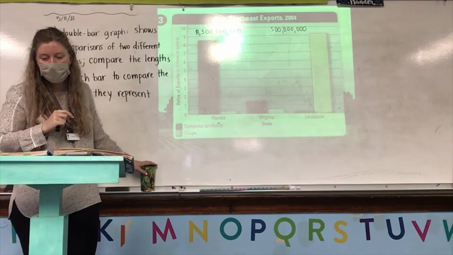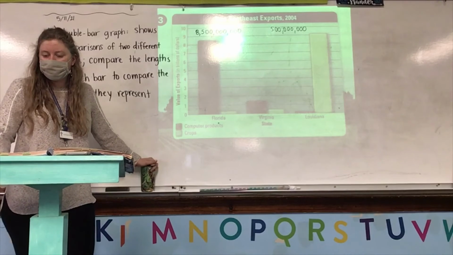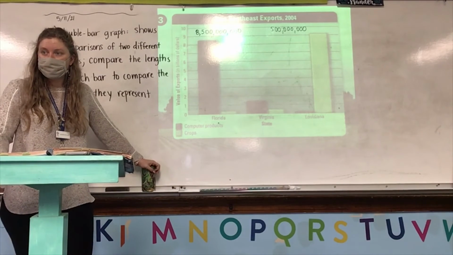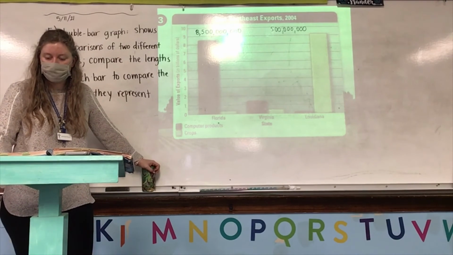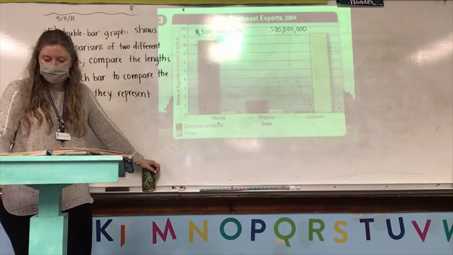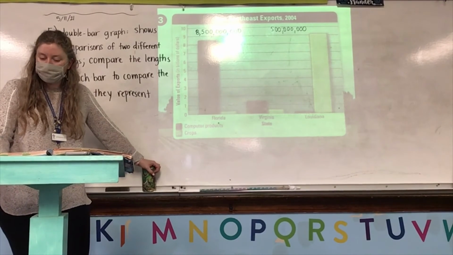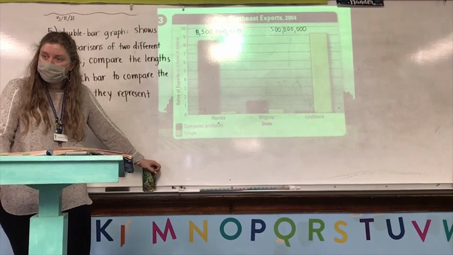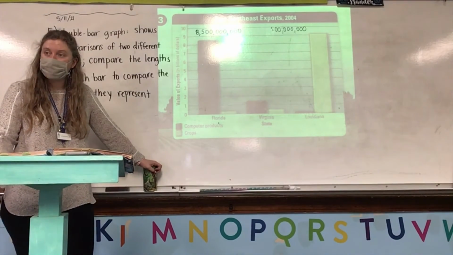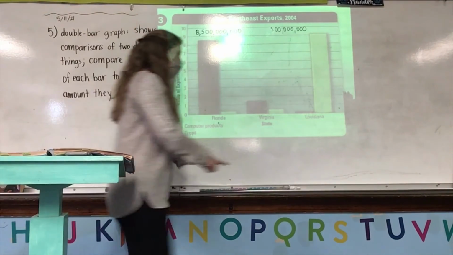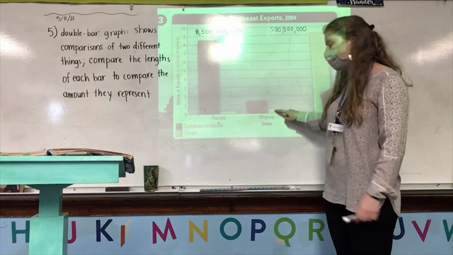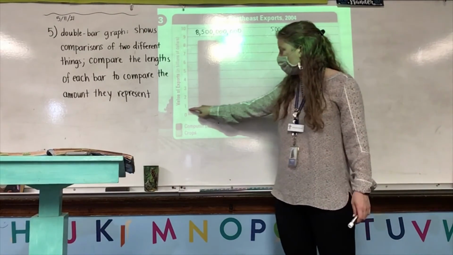No. Okay. What was the value of Virginia's crop exports? So which state are you looking at? Virginia. Which bar are you looking at? The crops. Which bar? What color? Yellow. So we go to the top of the yellow bar, and then we move left.